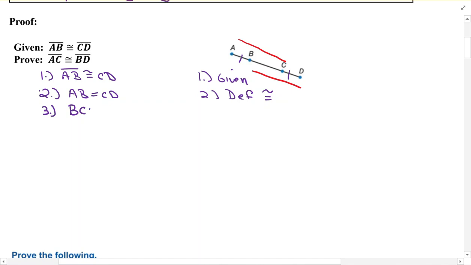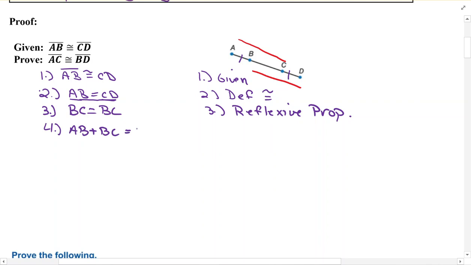So we can say that BC equals BC, and that's by reflexive. Now I'm going to add BC to both sides of this equation right here. So AB plus BC equals CD plus BC, and that's the addition property.